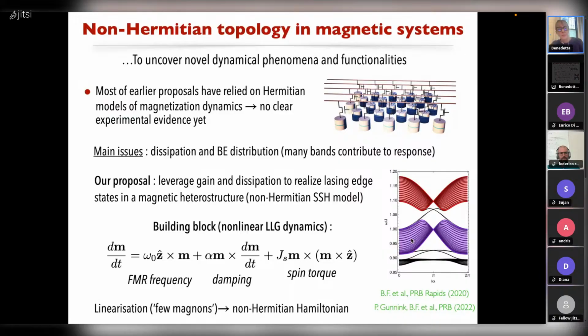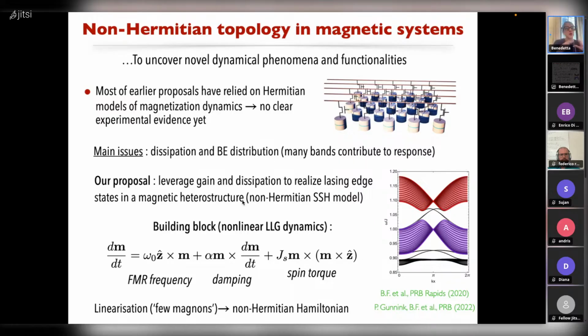So in this sense, we realized that adopting a non-Hermitian approach can solve in theory both problems. On one side, you're really not neglecting dissipation, you're not pretending it doesn't exist. You actually leverage its presence. And on the other, as I will show you in a second, adopting this approach can also circumvent this issue due to the bosonic nature of the system.